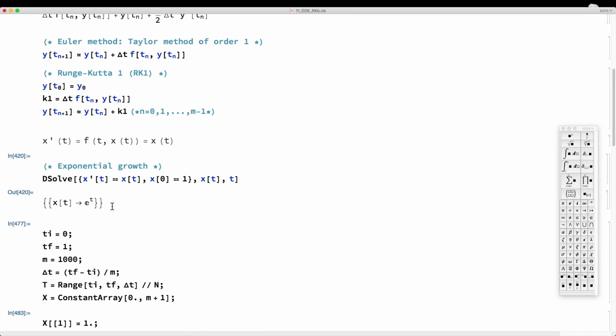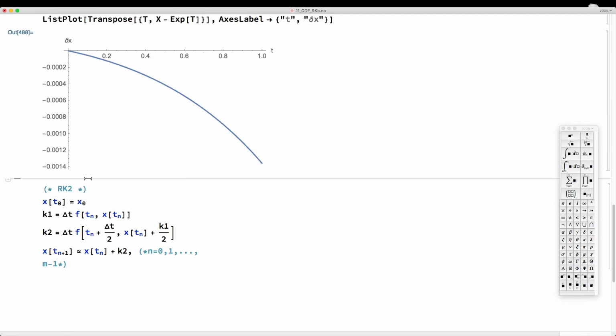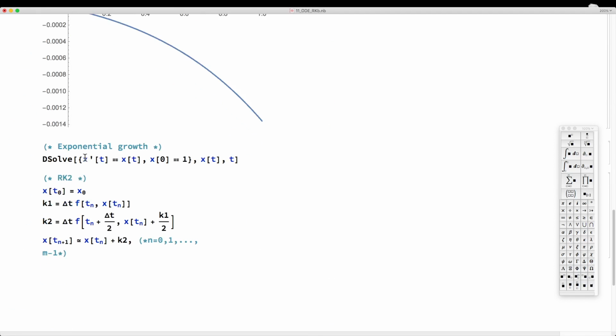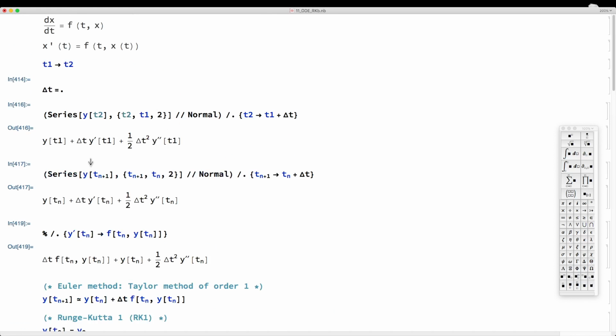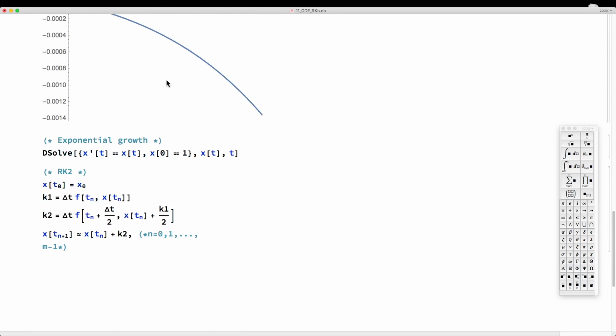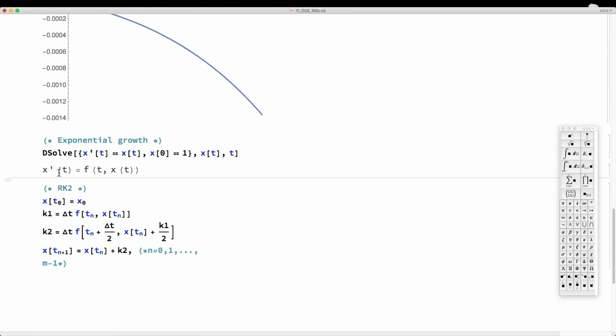So let's rewrite the scheme here. Okay, so this is the differential equation we're solving, and again, if we compare the general formula for the differential equation and the scheme, we see that f of x has to be equal to x of t, as we just saw before.